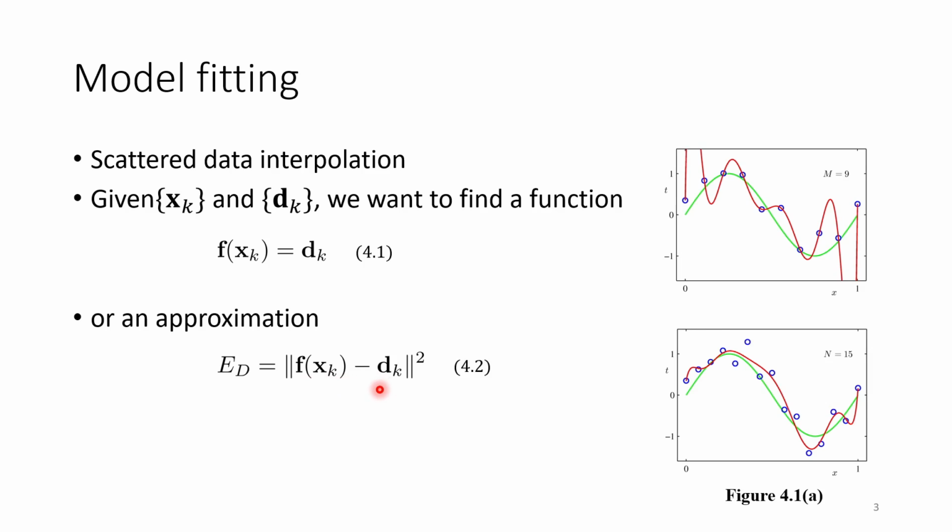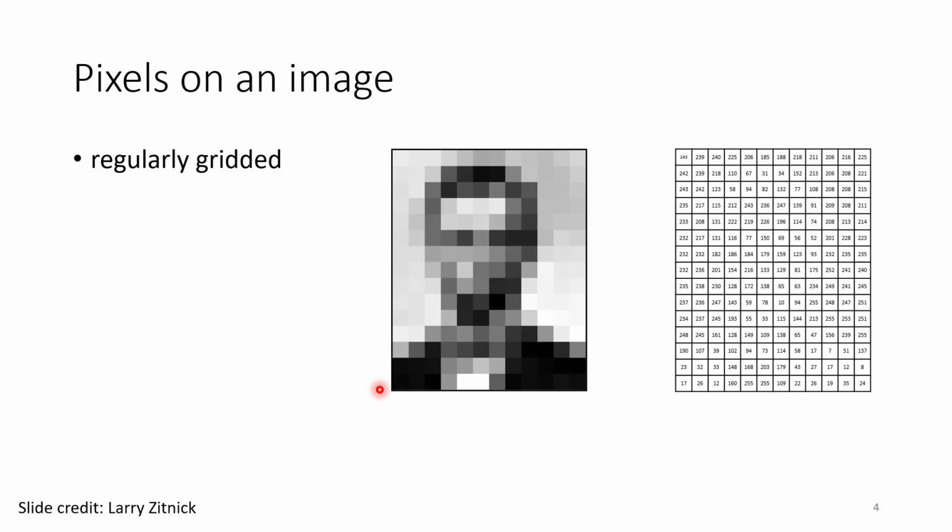So why do the authors need to mention this model? Let's see this example. If we have an image, usually every pixel on the image is regularly gridded.